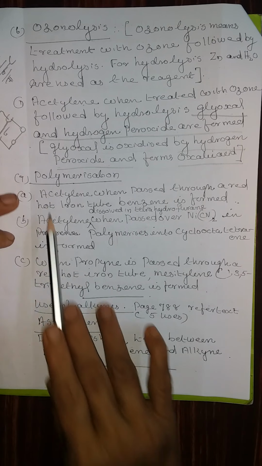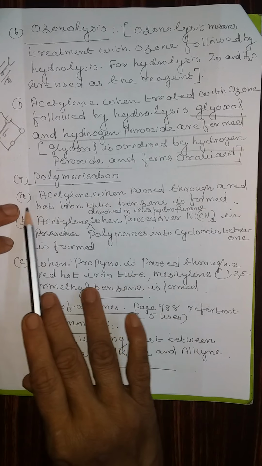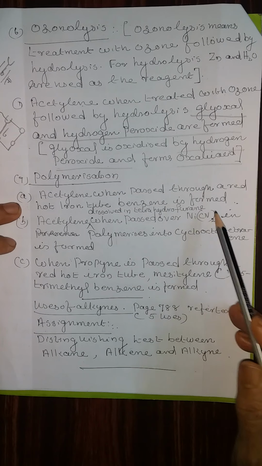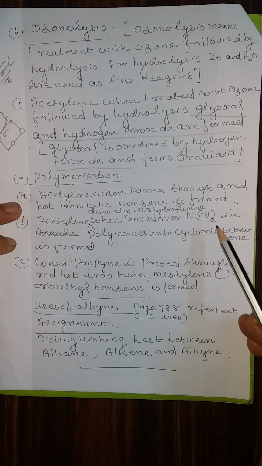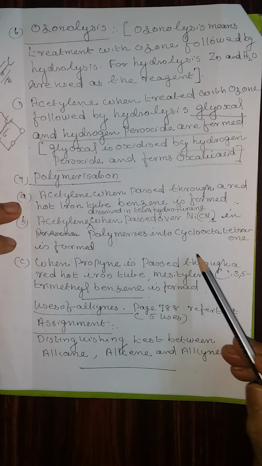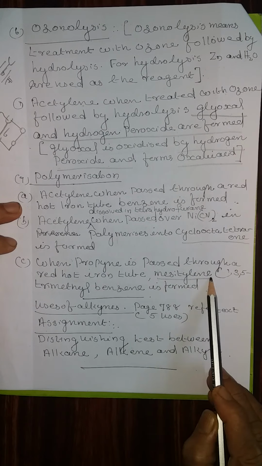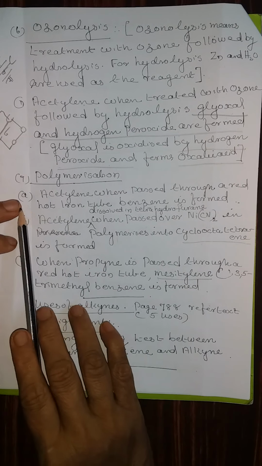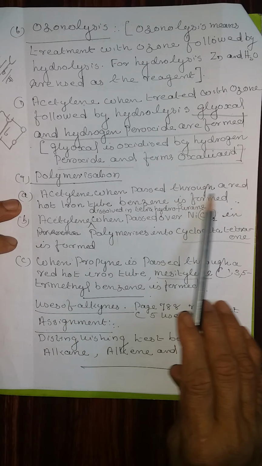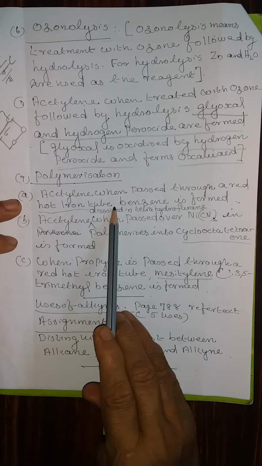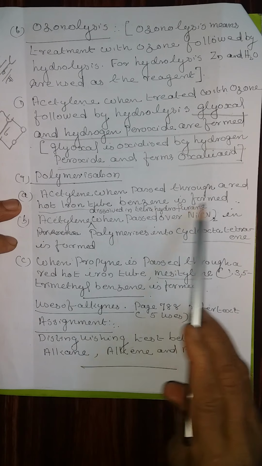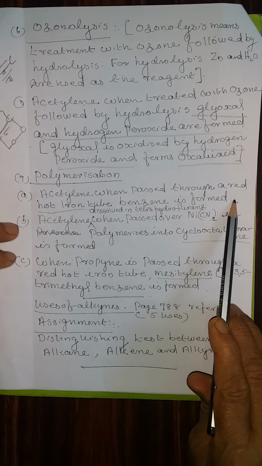Last property, polymerization. You must know the formula of benzene and you must know the formula of cyclooctatetraene and mesitylene. 3 equations. First one, acetylene when passed through red hot iron tube, benzene is formed. Write the equation.